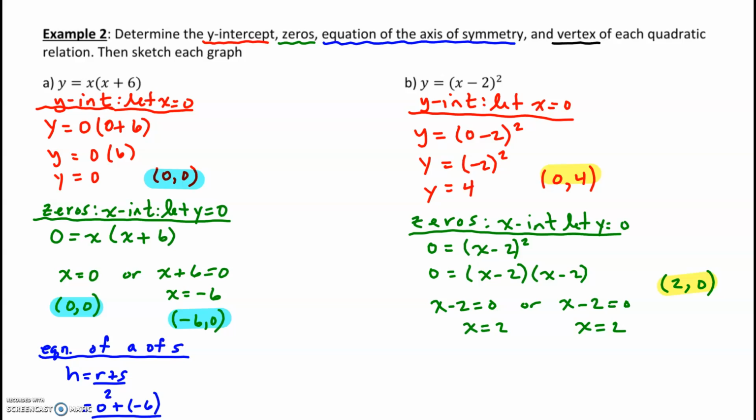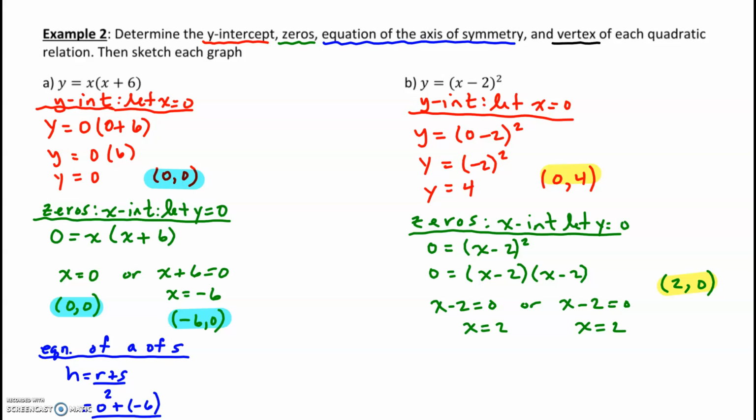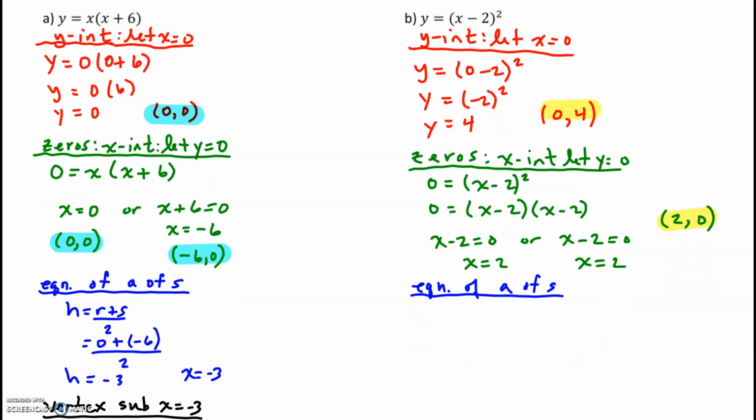So let's go ahead now and get our equation of the axis of symmetry. Remember we can write short form, equation of axis of symmetry. Now normally we use that equation, h equals (r plus s) divided by 2, but we have an interesting thing happening.